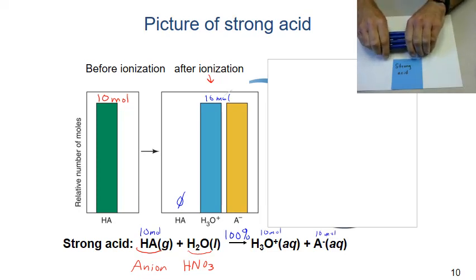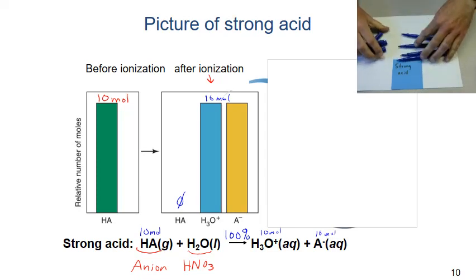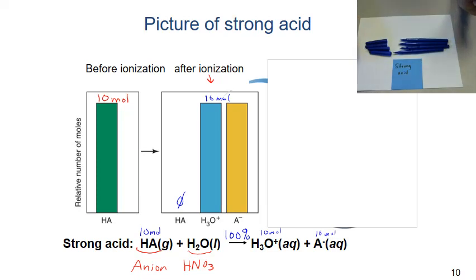So starting with 4 pens plus caps, meaning the acid molecule, when that ionizes, it forms 4 pens and 4 pen caps that are separate from each other. We started with 4, we ended with 4 of each of the products. Yes, there's 8 total things, but that's because the one thing split in half.